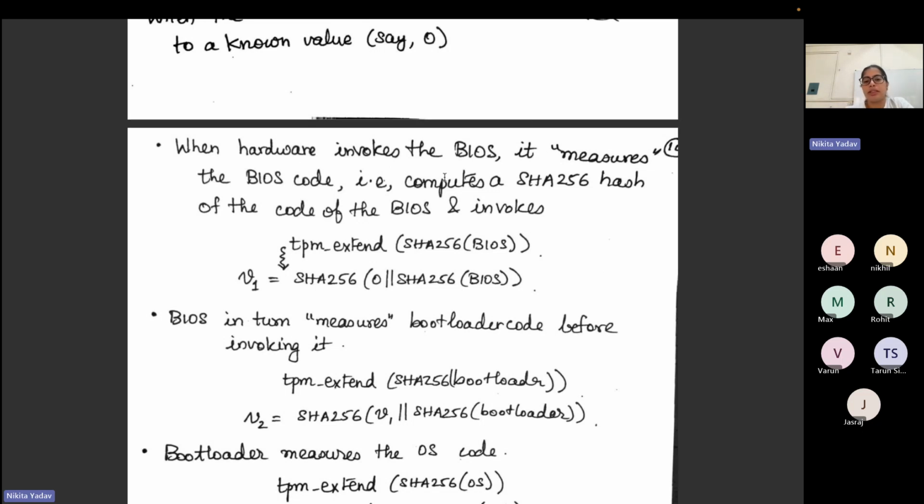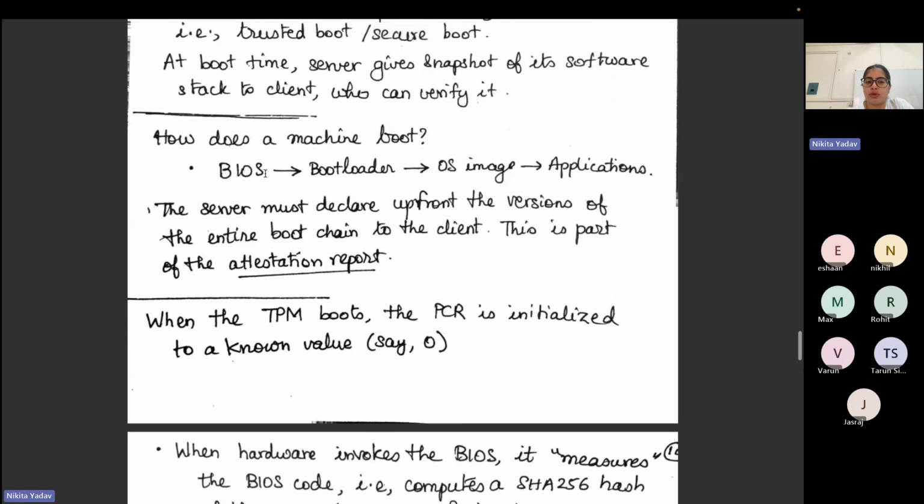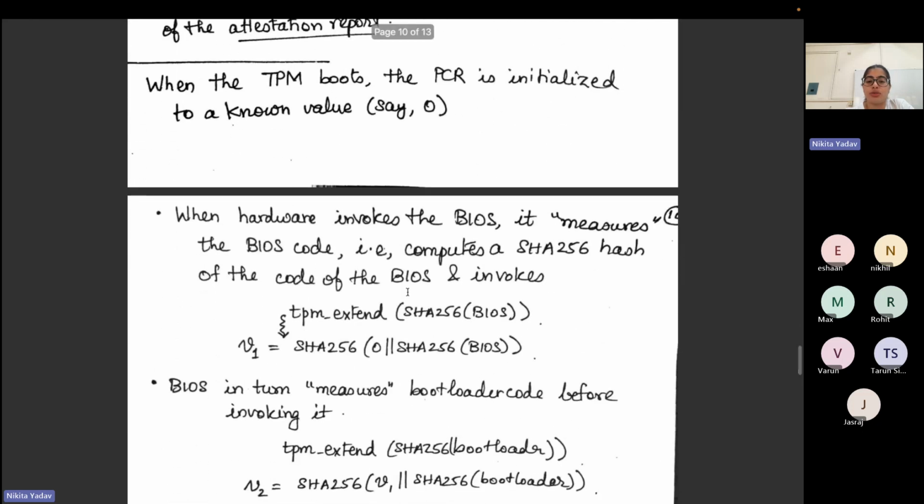What does that mean? It means that it computes a SHA-256 hash of the code of the BIOS. Before it starts the BIOS, the hardware computes a hash of the BIOS code, and it invokes the TPM extend with the SHA-256 of the BIOS.